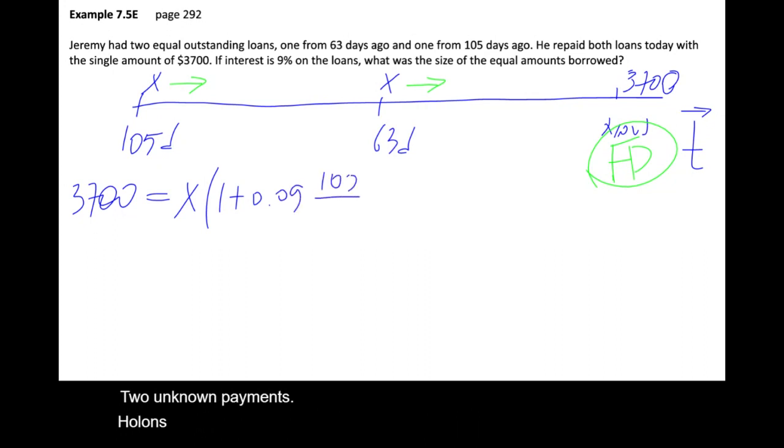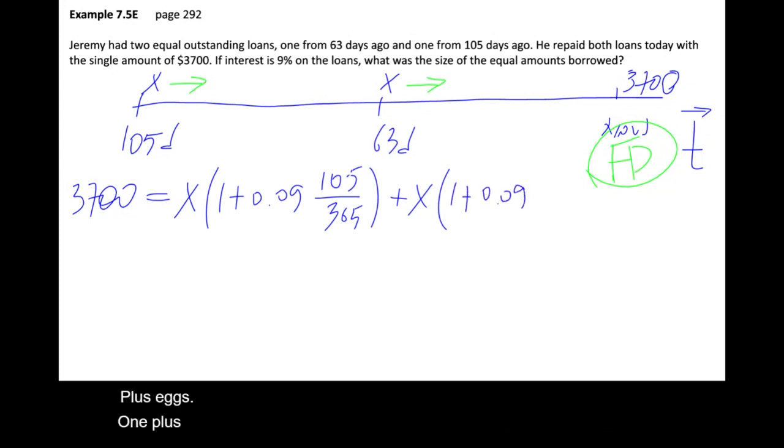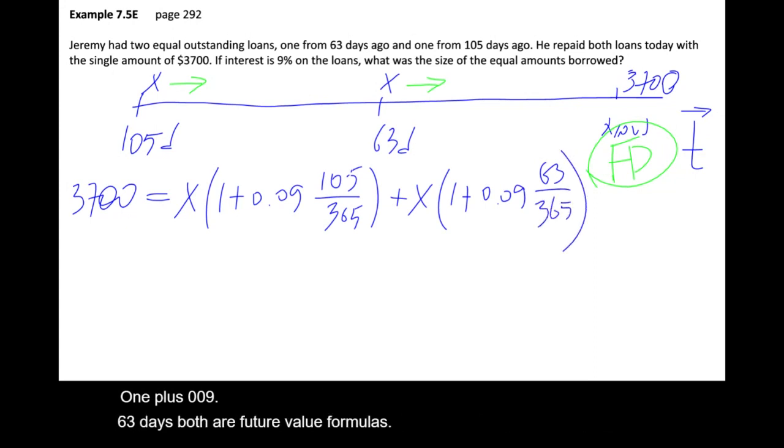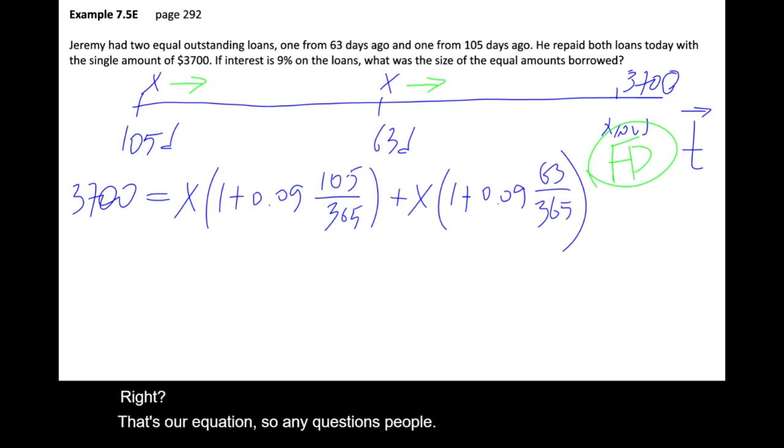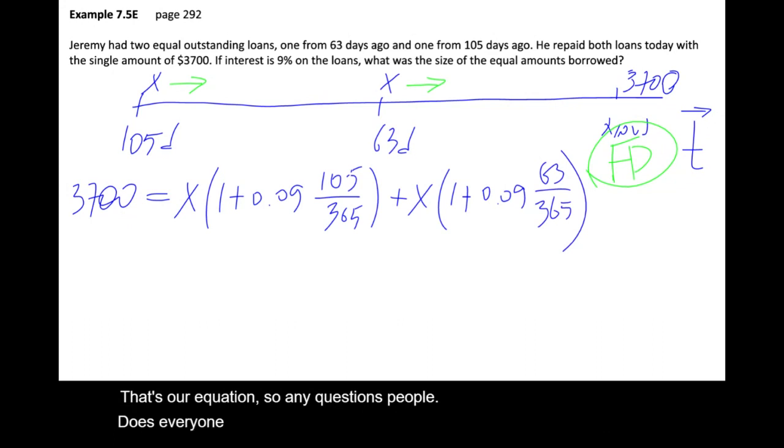What is it, 105 days, right? Plus X, 1 plus 0.09, 63 days. Both are future value formulas, right? That's our equation. So any questions, people? Does everyone understand what I just did?